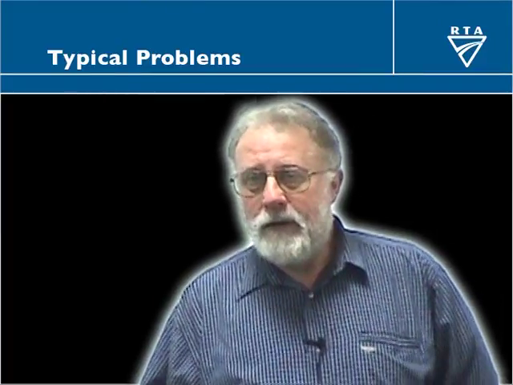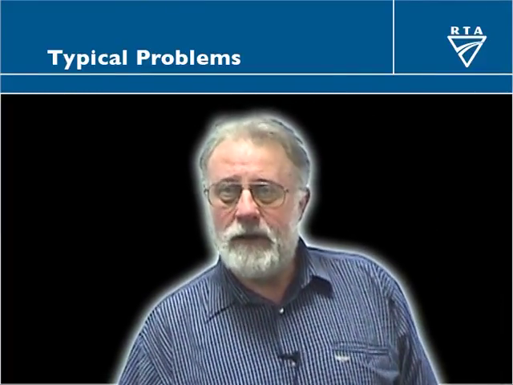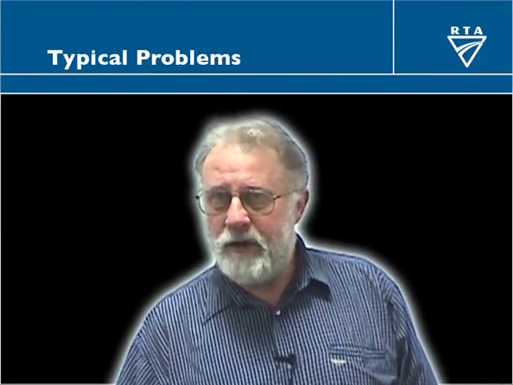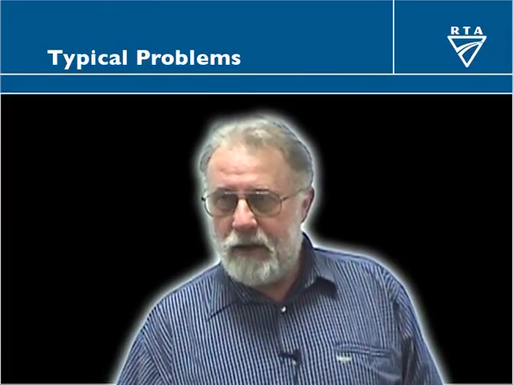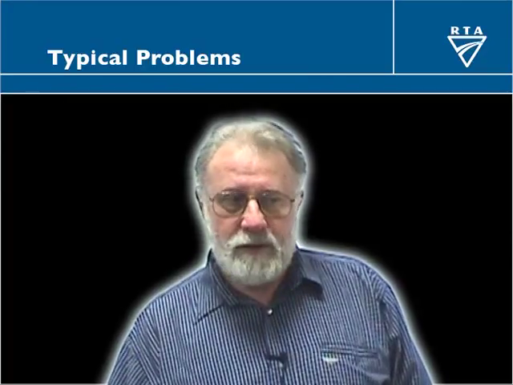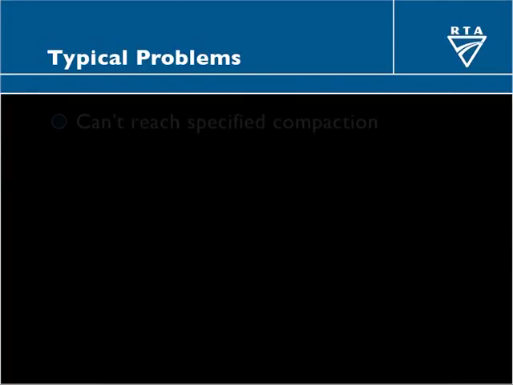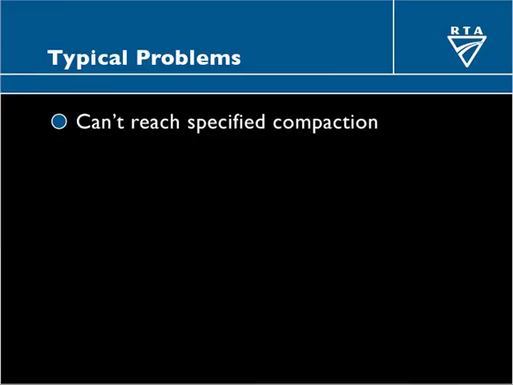Now, some practicalities. Typical problems that you may face during construction work, and anyone with any experience will have seen most of these at one time or another. Most common complaint, can't reach the specified compaction.